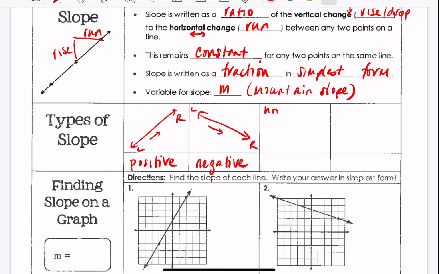A horizontal line, and that's a line that looks like this, has a 0 slope. So that's something to try to remember. And then vertical lines, which go up, down like this, have an undefined slope.